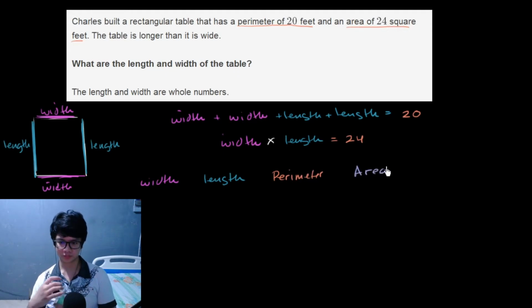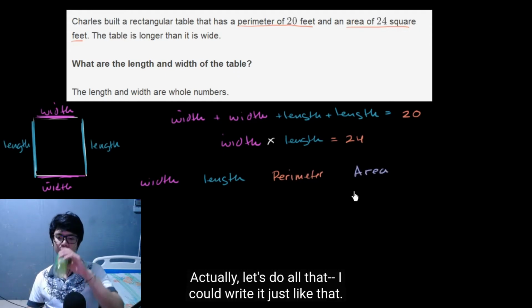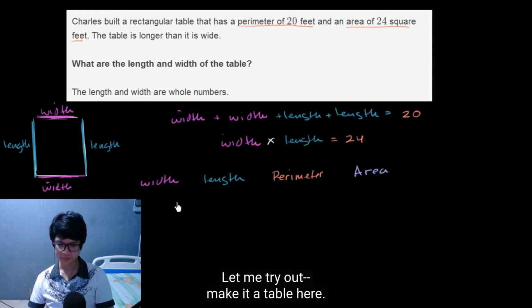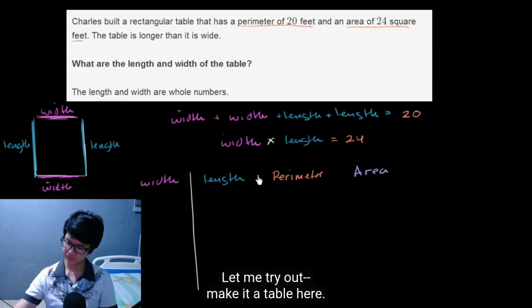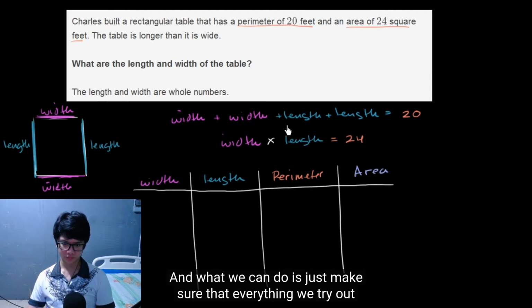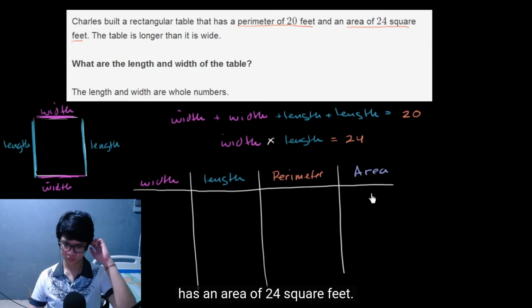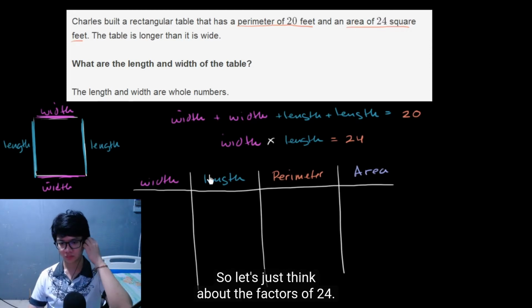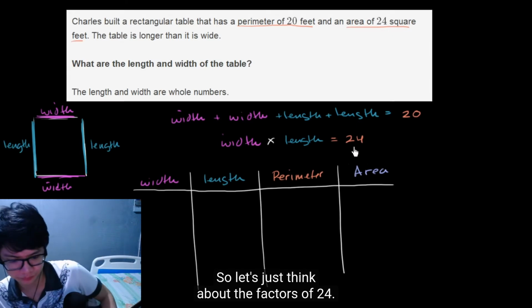Let me make it a table here, and then I can try things out. What we can do is just make sure that everything we try out has an area of 24 square feet. So let's just think about the factors of 24.